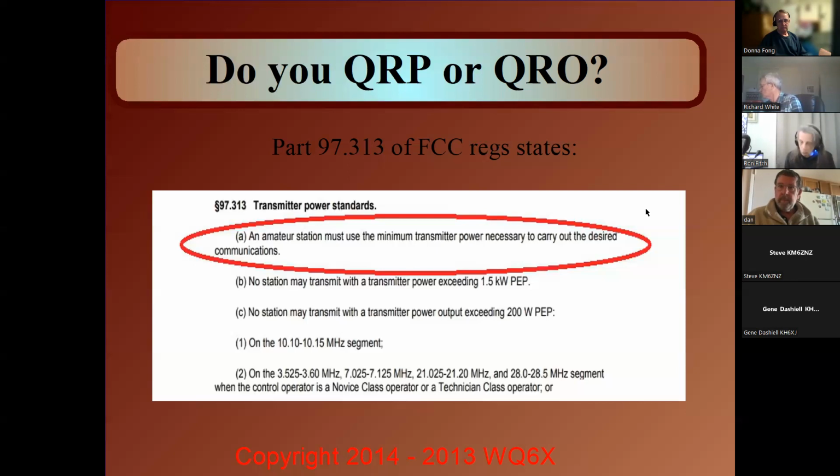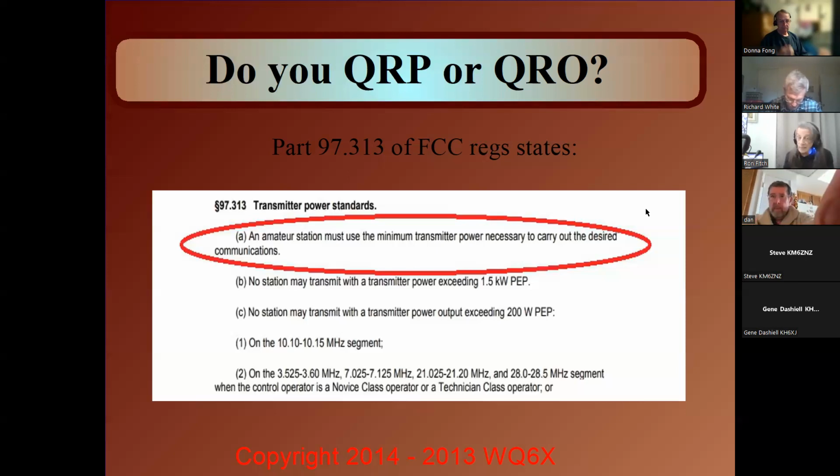Since October, I have done a number of QRP events, and that's what led to this morning's presentation. Now, notice that I put here on the screen a quote from Part 97.313 of the FCC regulations: An amateur station must use the minimum transmitter power necessary to carry out the desired communications.